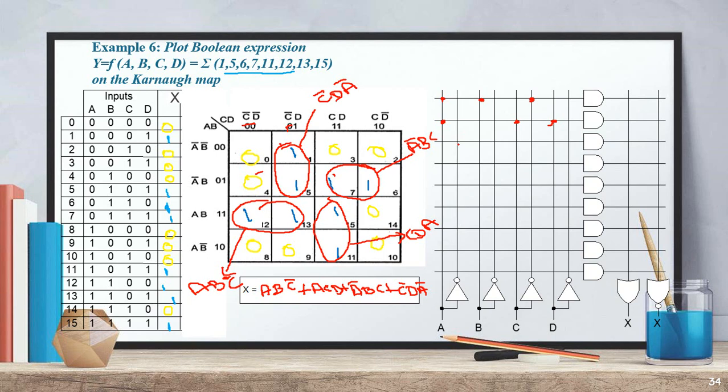So A bar is this portion, B is this portion, and C is this portion. So it is called A bar BC. And the last one, C bar D A bar. So C bar is here, D bar here, and A is this portion.